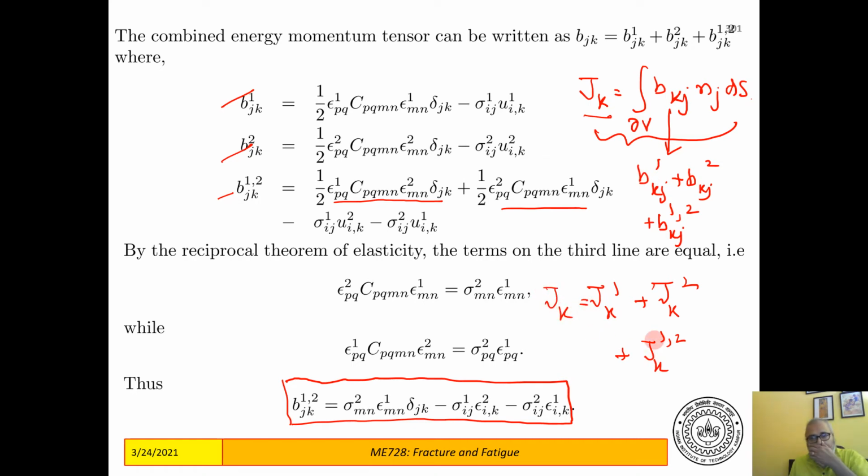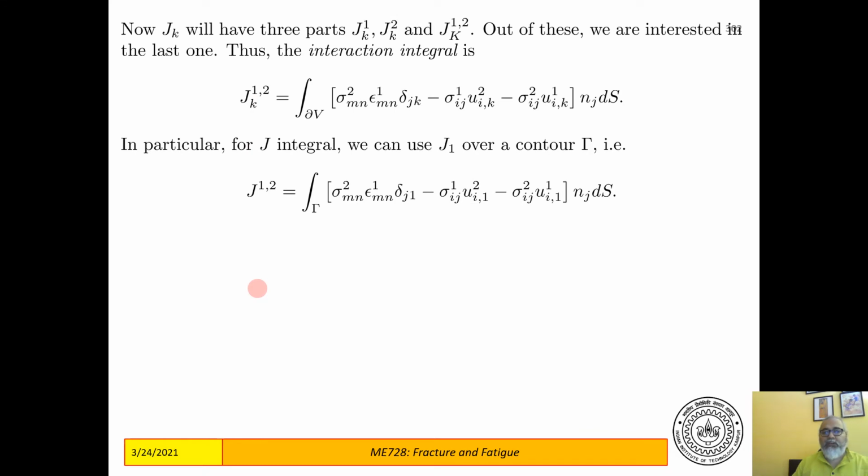We can do this. Now we are basically interested in J1 because J1 is related to the J integral, right? So for J1, this is jk12. This is what it will come to. This is your bkj12. We have proved this. bkj12 and nj.